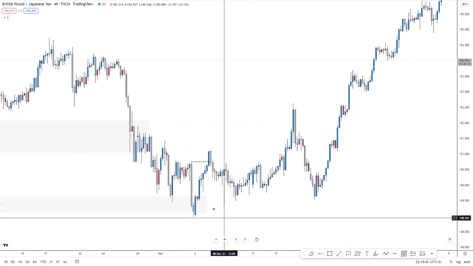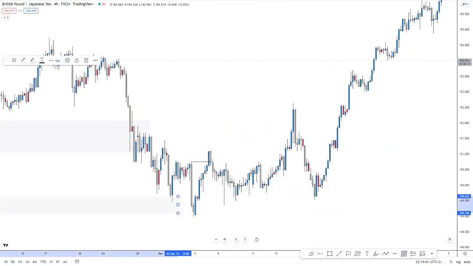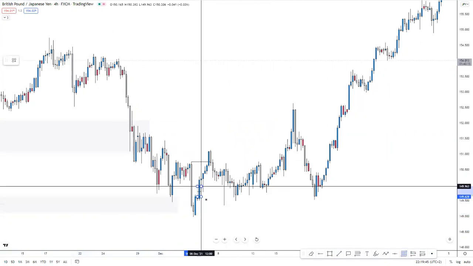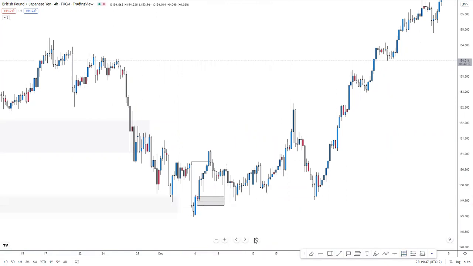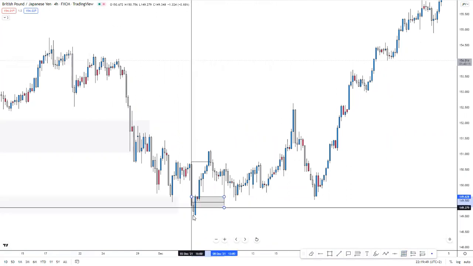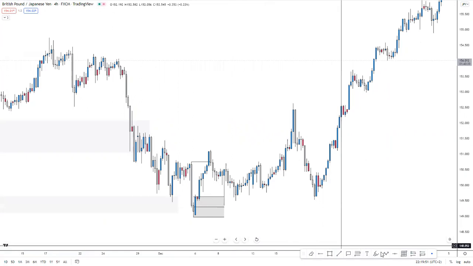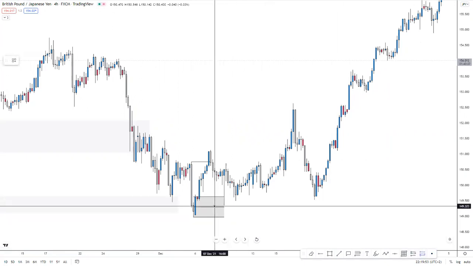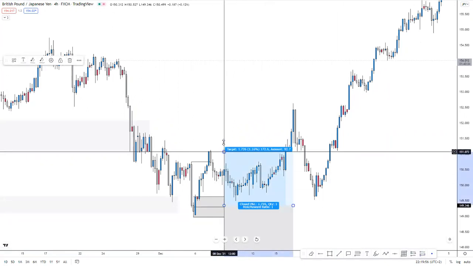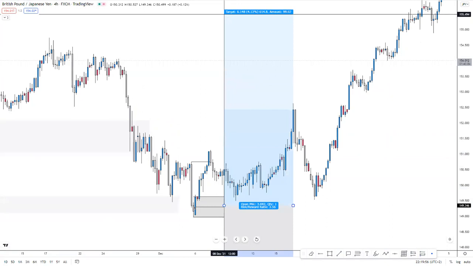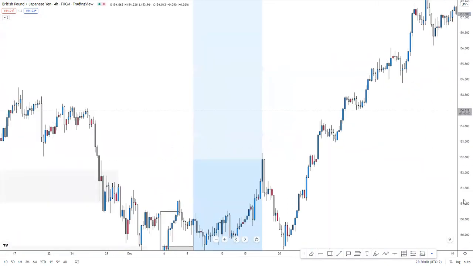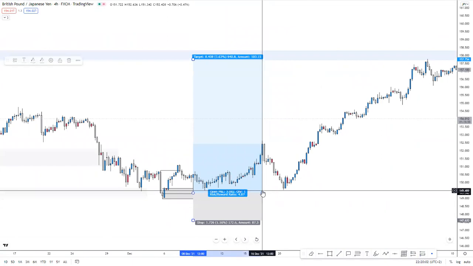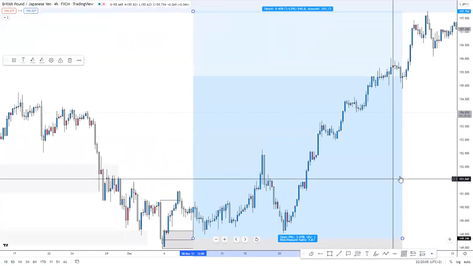We wait for price to come into that order block. The order block that we can see is definitely this one here. You can just mark this whole area up. And then this would have been our entry for a long at this wick, targeting this high. Just move it all the way there.